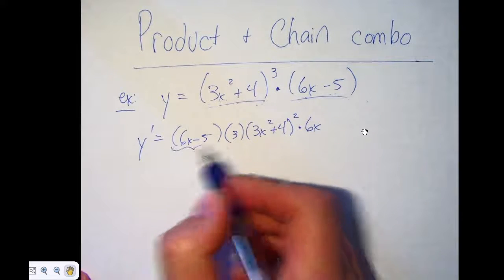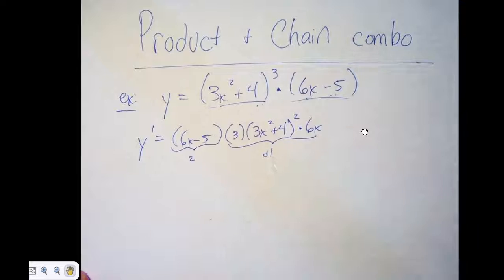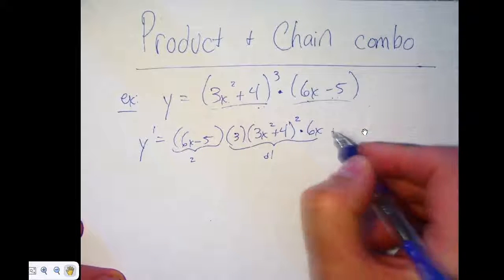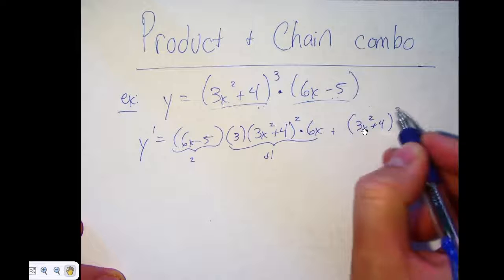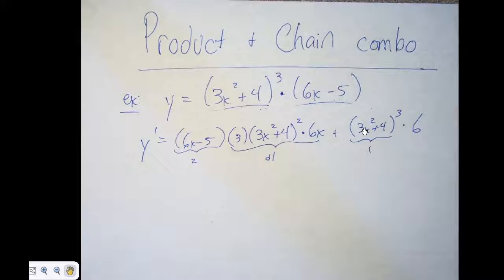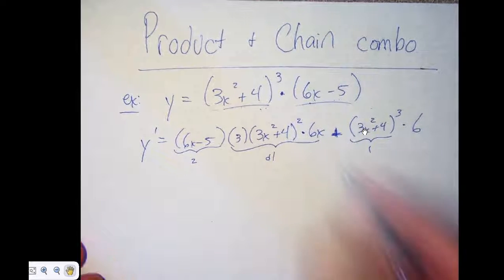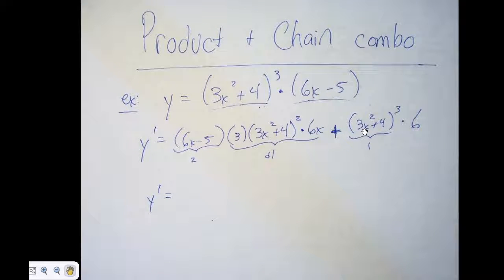So this is second times d1 plus first times d2, which thankfully is just 6. I don't have to do anything else. So you're technically done, but the AP test writes these in a pretty specific way.